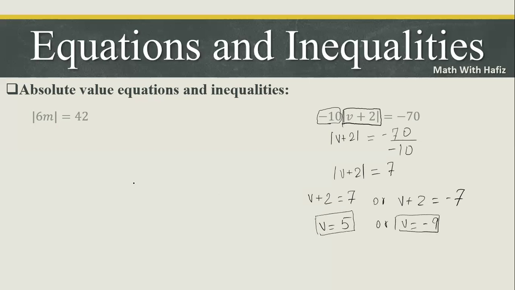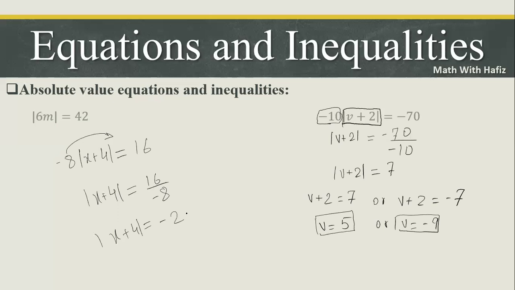Okay, here there is a question. If you are getting an equation after simplifying, let's say we have negative 8 times the absolute value of x plus 4 equal to 16. First of all, you have to move the negative 8 to the other side. The absolute value of x plus 4 will be equal to 16 over negative 8, which is negative 2.